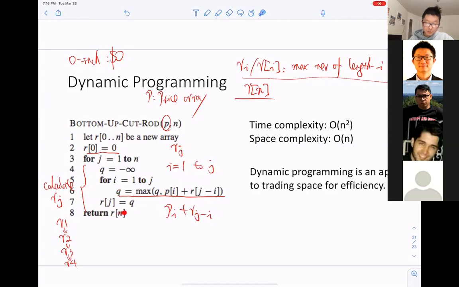Okay, and then we assign the highest revenue to Rj. So basically, Rj is going to store the highest revenue.